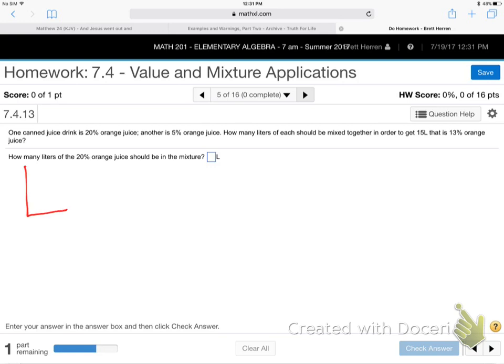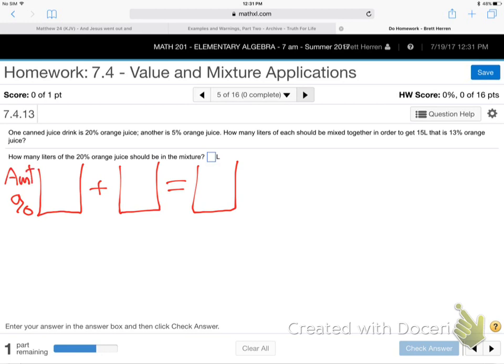So I'm going to do the pretty much standard way everybody does these. And do 3 beakers. Like that. 3 beakers. So, the way it works is you put the percentages in the bottoms and the amounts in the tops.